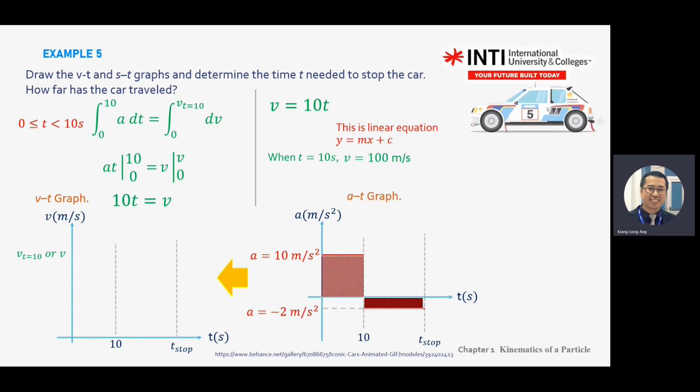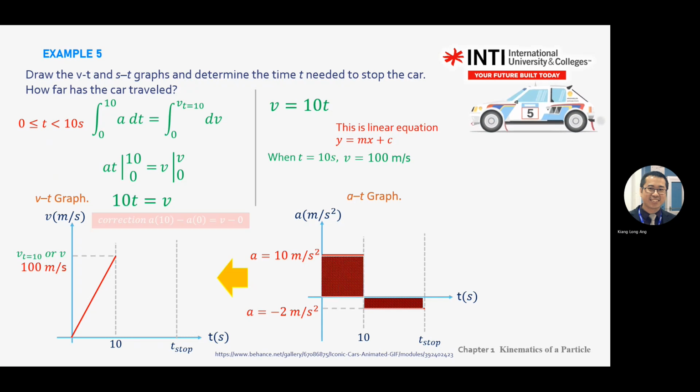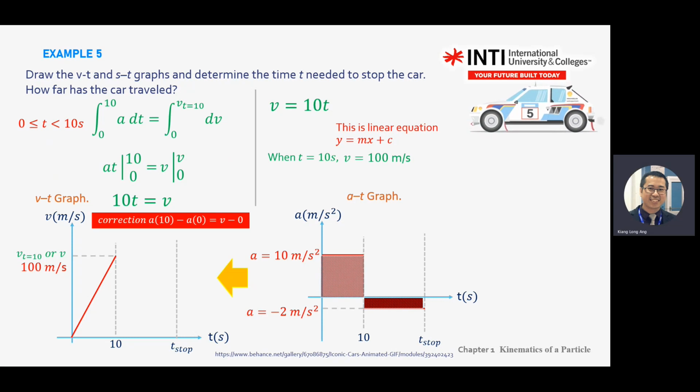So we already explained at 10 seconds is 100. So go to the graph. It's 100 here. So we draw a line like this. What happened to 10 to t stop? Okay, sorry. It should be at, not 10t.